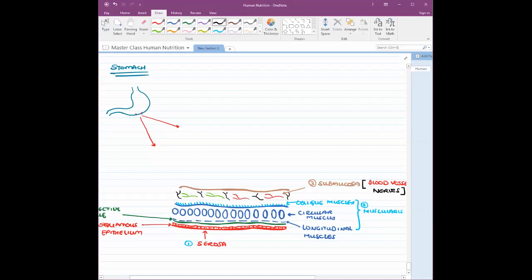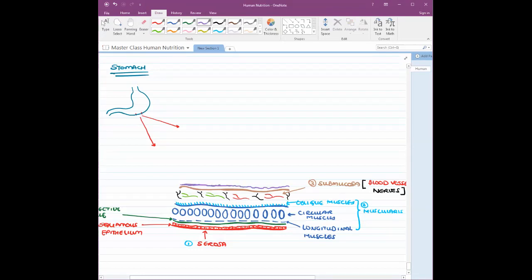Let's see how it looks. So guys, on top of this submucosa, the first thing you are going to see is some muscles present.